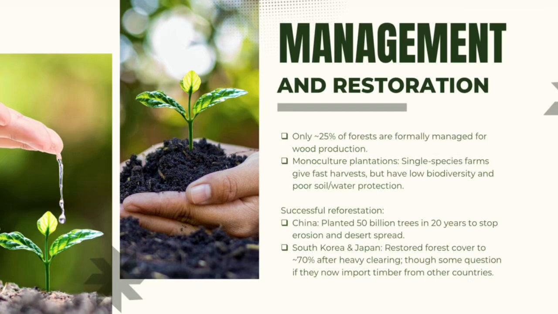We also see many areas turned into monoculture plantations. This means that these are farms with only one kind of tree. They give us wood quickly, but they do not support many different kinds of life. They also do not protect the soil or water very well.